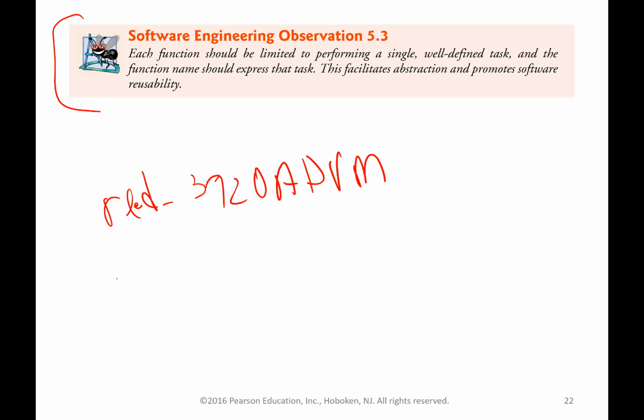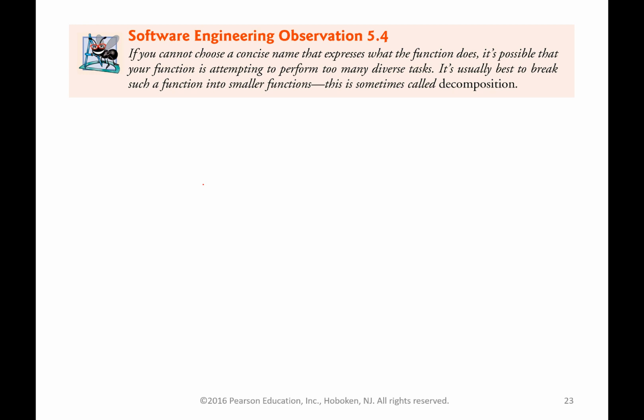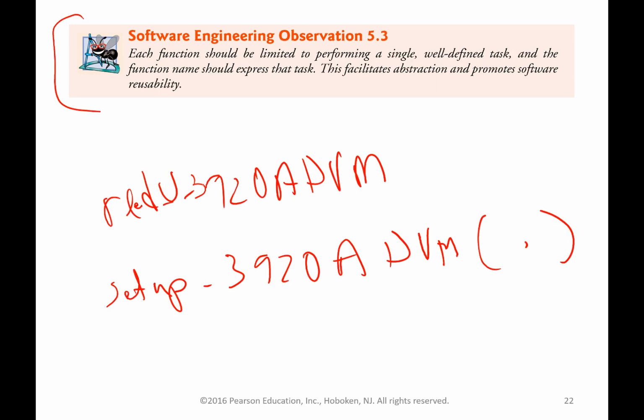If I want to set it up, I would have a function set up 3920A DVM, and I would pass it the parameters that I want to set it up for. I may have to put a V there. In other words, read the voltage on a 3920A DVM. And in here, I may have to have the address of the meter as one of the parameters to the function.